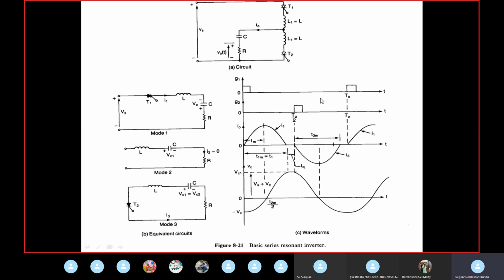This figure shows the mode 1 condition and this figure shows the mode 2 condition. And these are the gating signals for the thyristors, G1 and G2, and the corresponding waveforms.